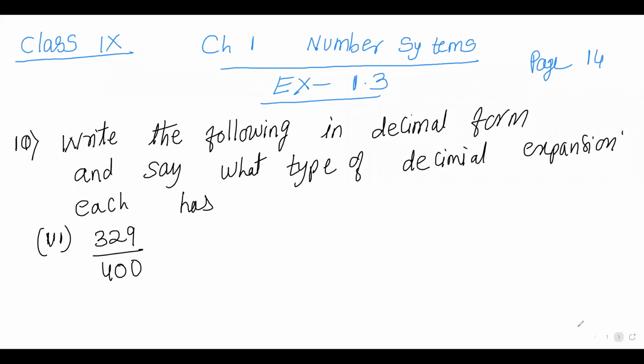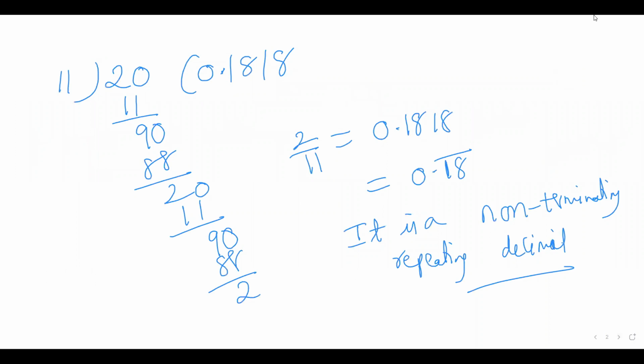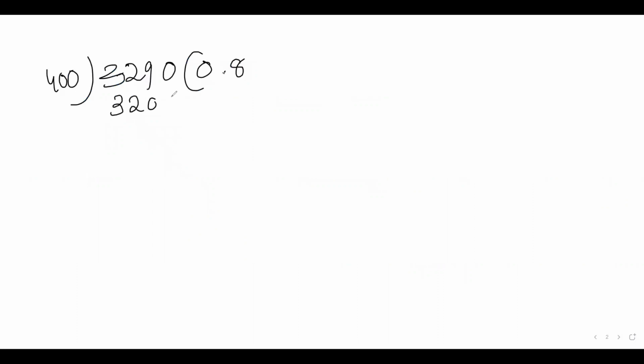So the next one is 329 by 400. Let us divide 329 by 400. Put a 0, put a point, get 0. Now 400 eights are 3200.